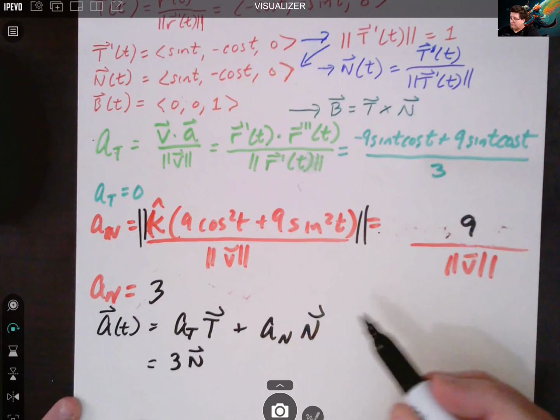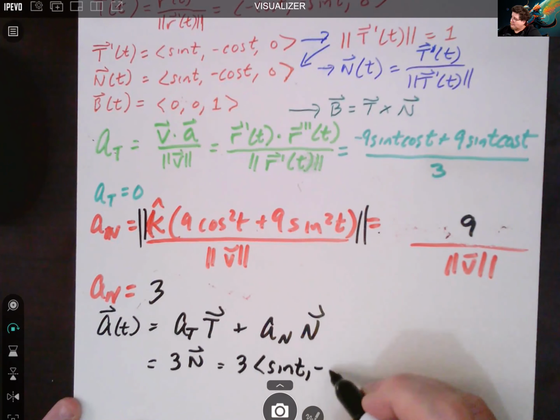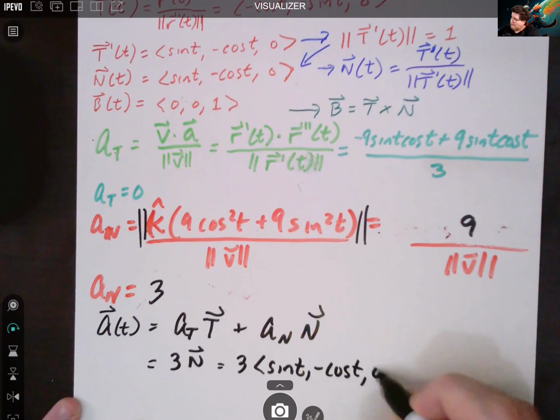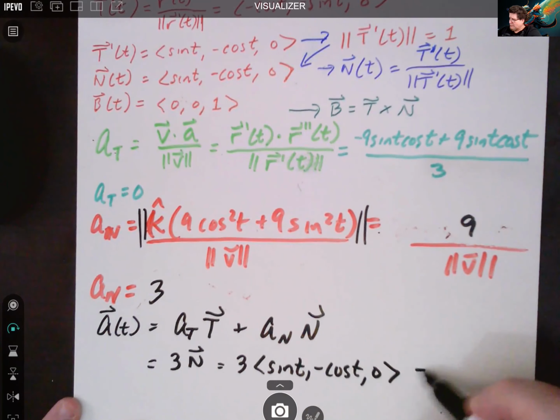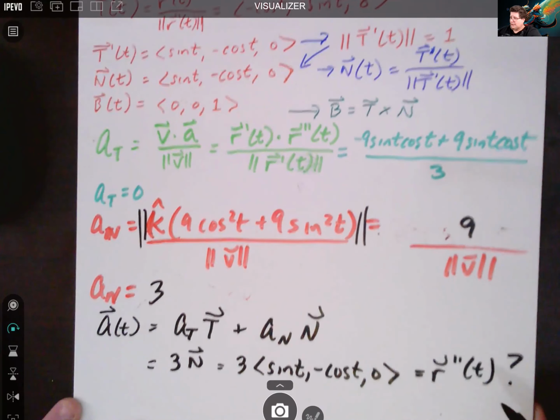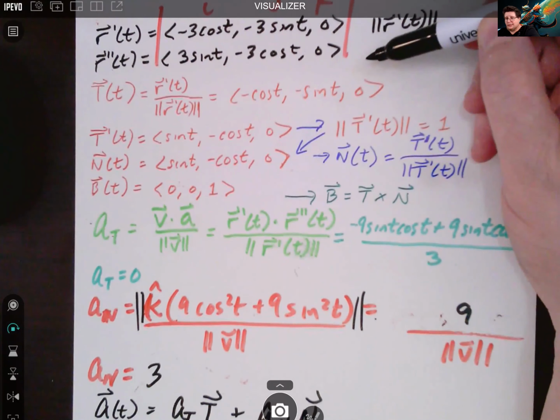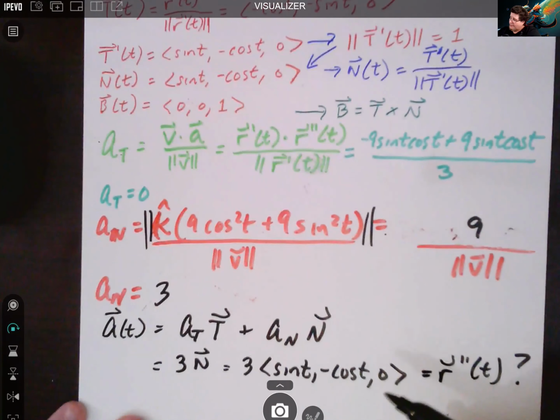Does that match up? The normal vector is sine t and negative cosine t. And does that equal r double prime? Yes, it does. We come up here and look, it does equal that. So that's confirmed. There was no tangential component to acceleration.